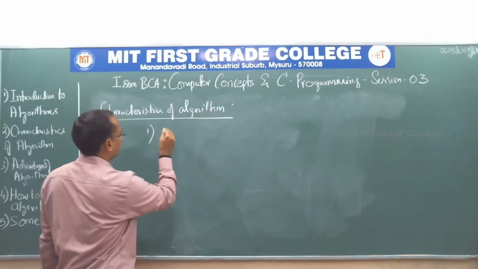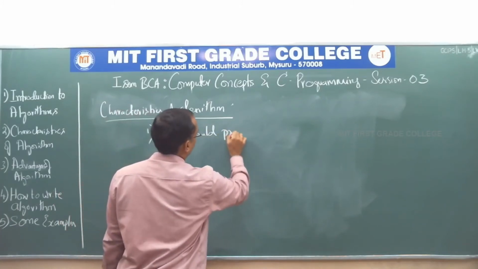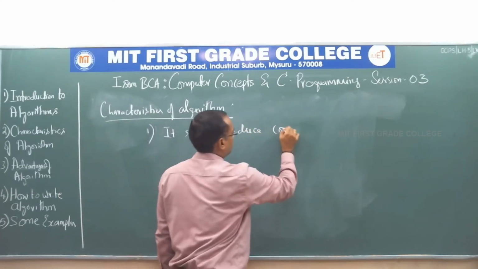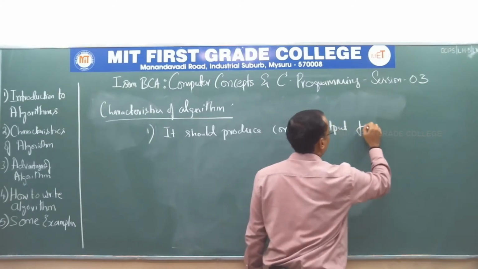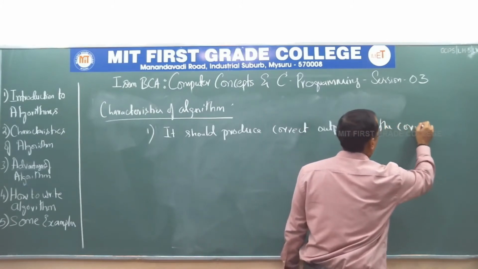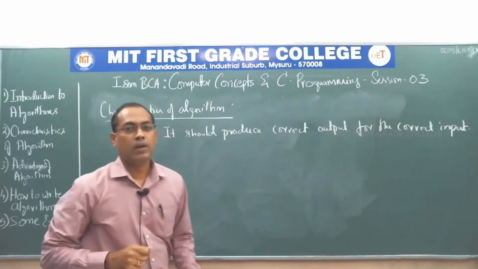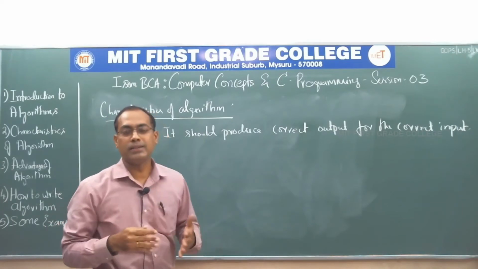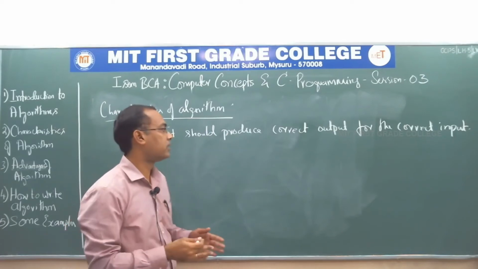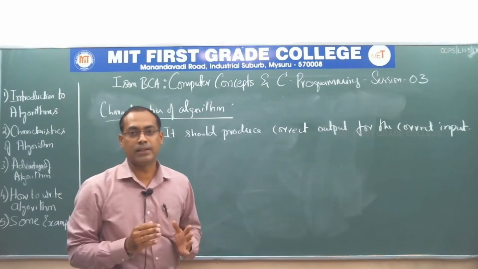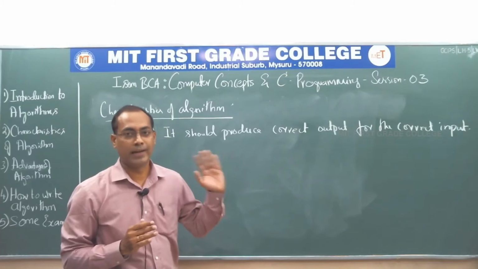The very first one is it should produce correct output for the correct input, which means the algorithm, what it is intended to do, has to do it properly or correctly without any errors. Whatever inputs you are giving, if it is correct, then it has to give a correct output. So this is the first characteristic of algorithm.